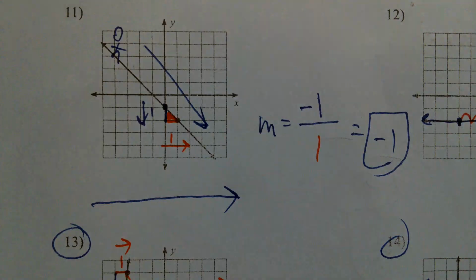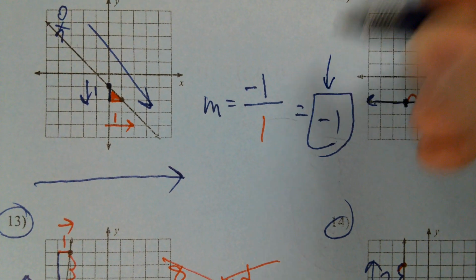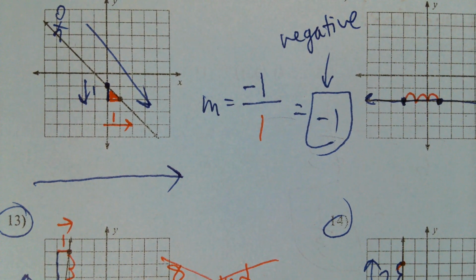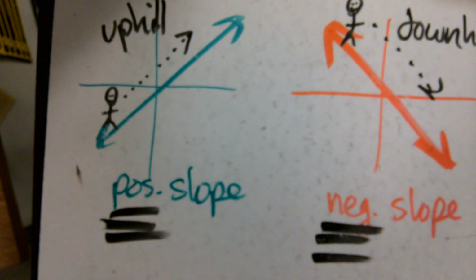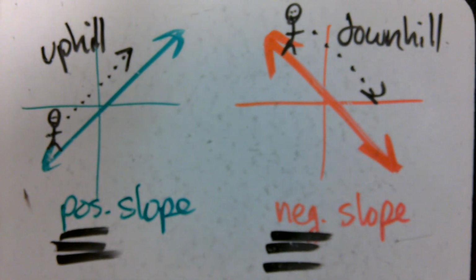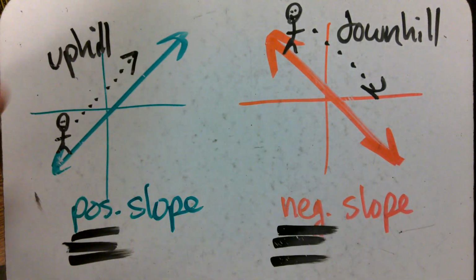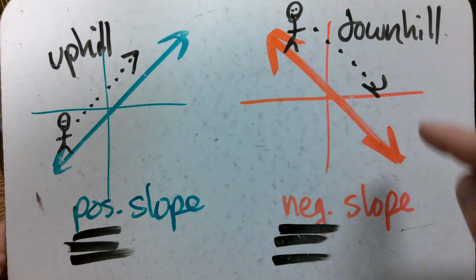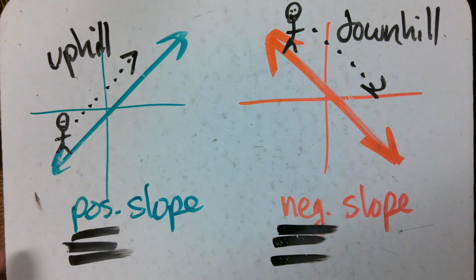Anytime we have a downhill sloping line, our slope is going to be negative. All right? Just like this little diagram that we talked about. From left to right, if you're going uphill, positive slope. Left to right, if you're going downhill, negative slope. All right? Does that answer your question, Devin? I apologize. Okay, perfect.